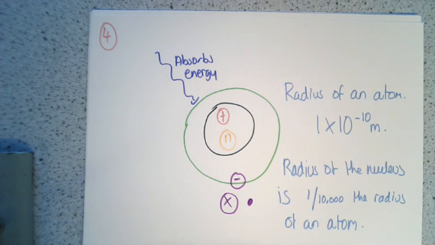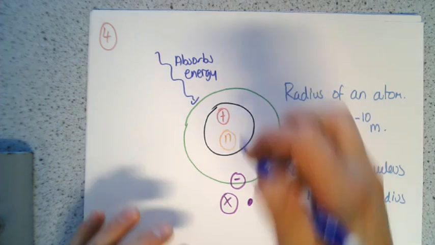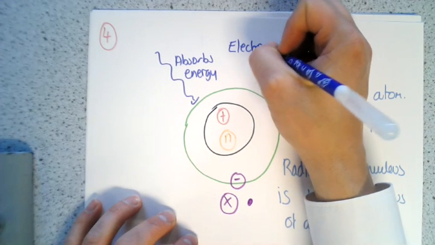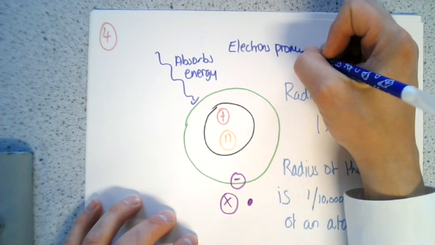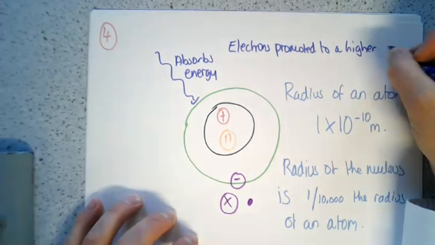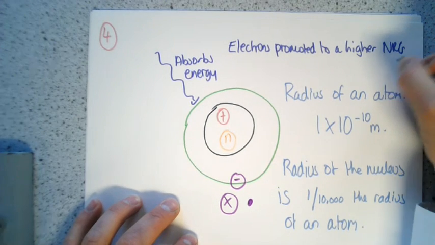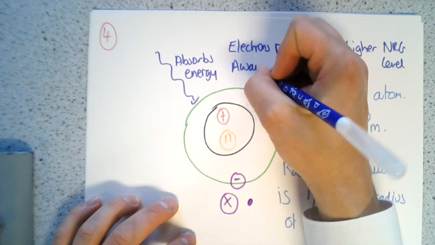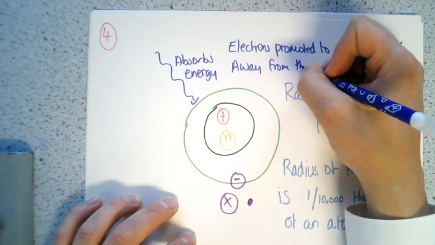When an atom absorbs energy, the electrons are promoted to a higher energy level. In simple terms, I'm just going to put NRG, shorten it down a little bit. This means that they move away from the nucleus.